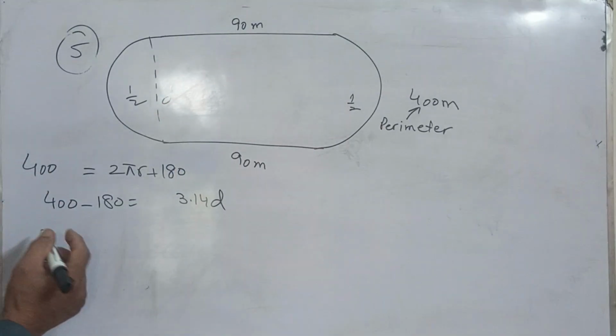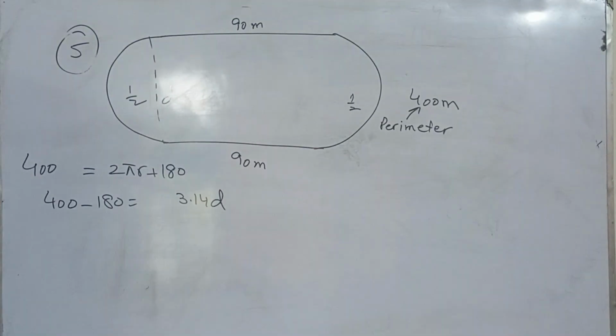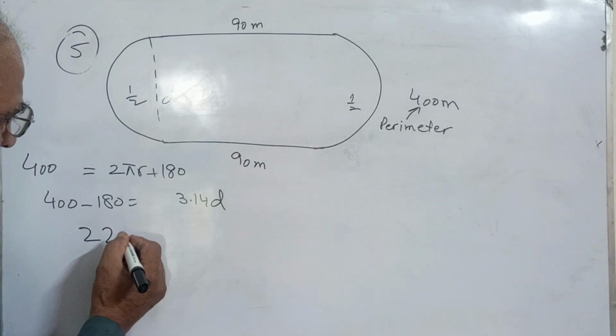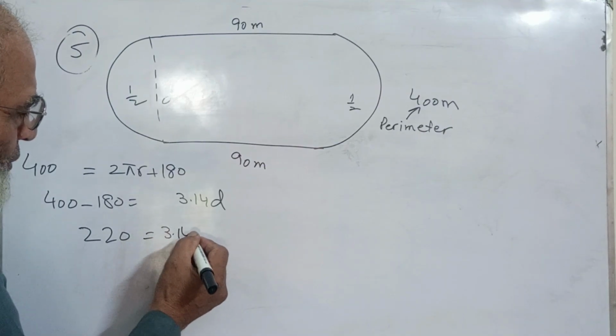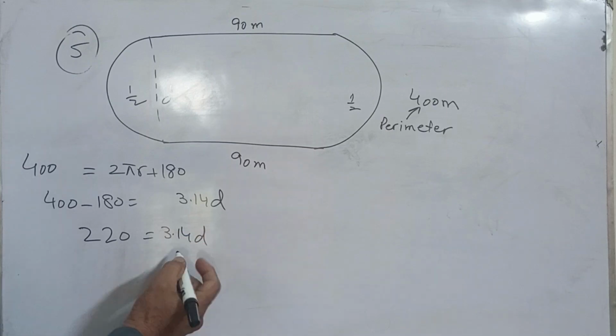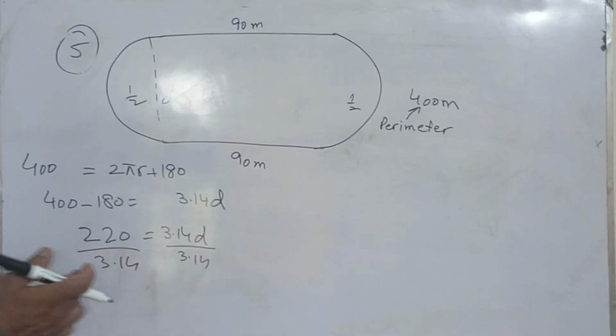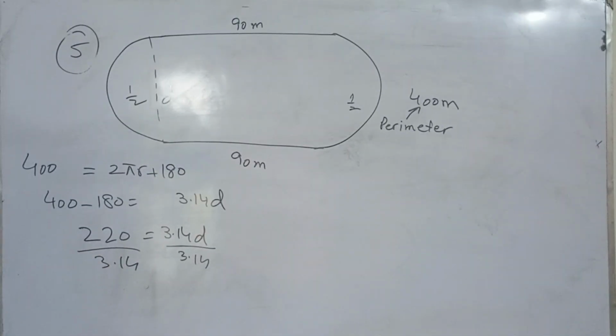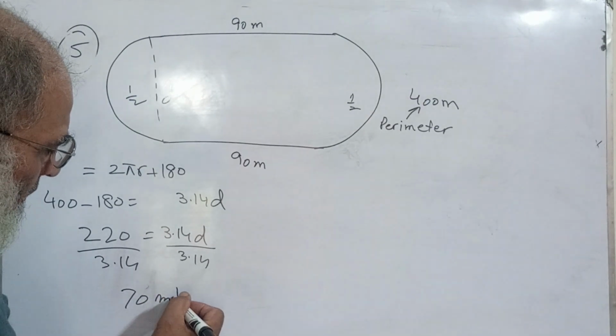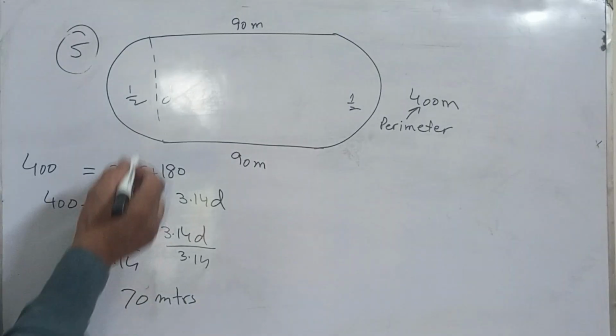So it will become 220, which is equal to 3.14 d, and you have to divide by pi. So D is equal to 70 meters.